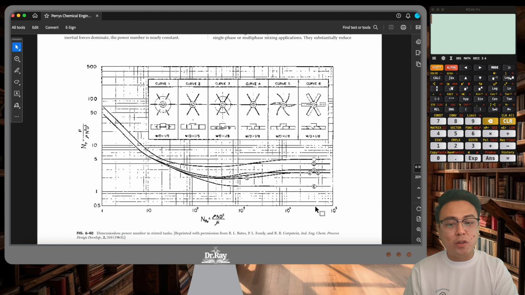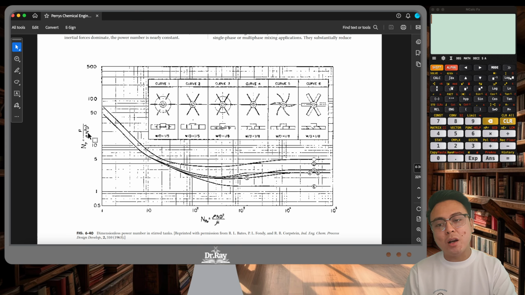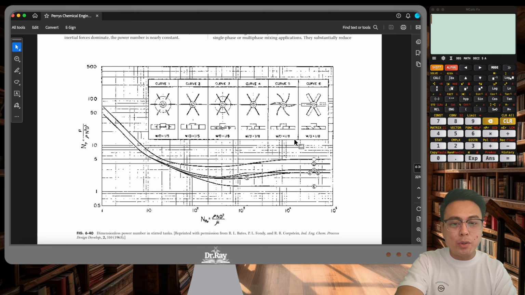This is actually a very good point if you're trying to keep your mixing at a higher Reynolds number. It means that your power number would be constant, and it means that your power is simply proportional to density, impeller speed, and impeller diameter. So we can use this graph to estimate parameters for our agitator.